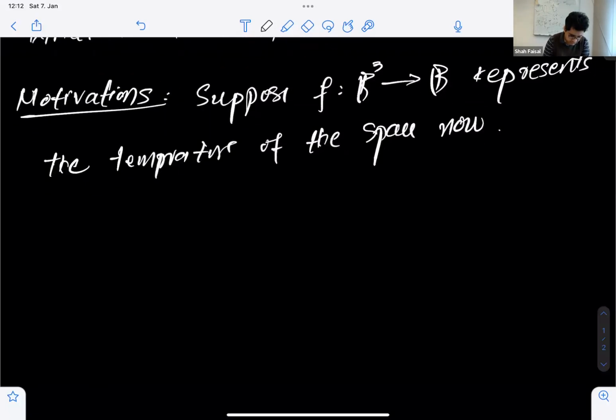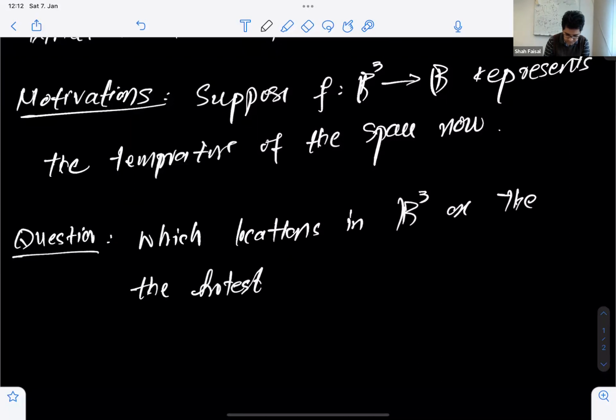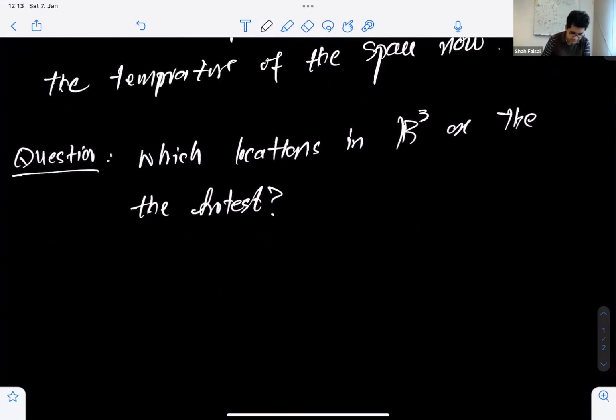Now you can ask interesting questions. Let's say, for example, which locations in the space R3 are the hottest? There could be more than one location in the space out there which has the maximum temperature.